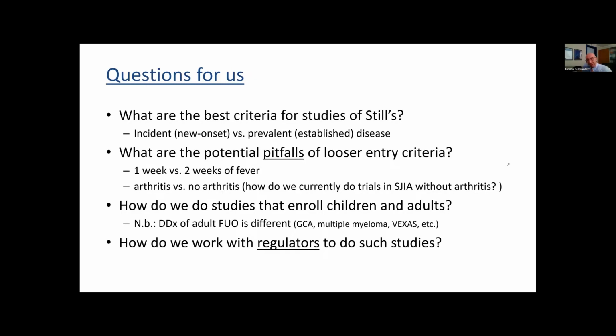In real life, anakinra is very safe in this setting, and I see Bas nodding. In a clinical trial you have to have excluded a number of things. And I noticed a couple of comments in the chat pointing to exclusion. And I think this is a key point.